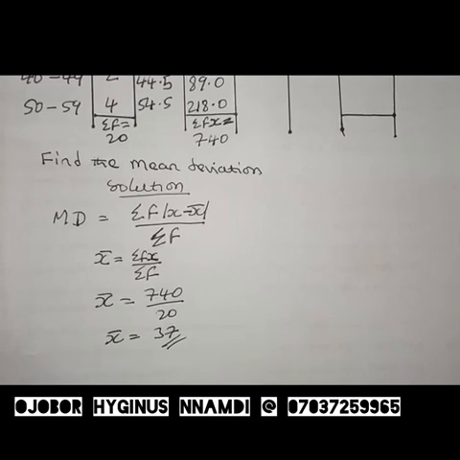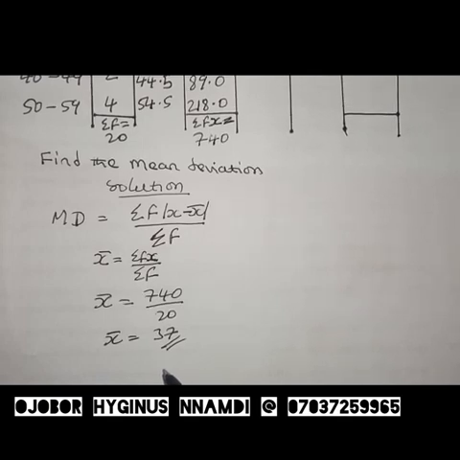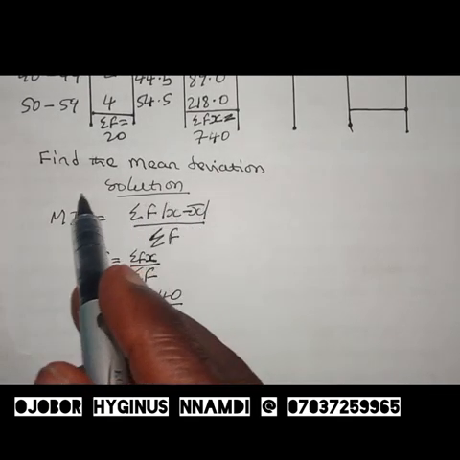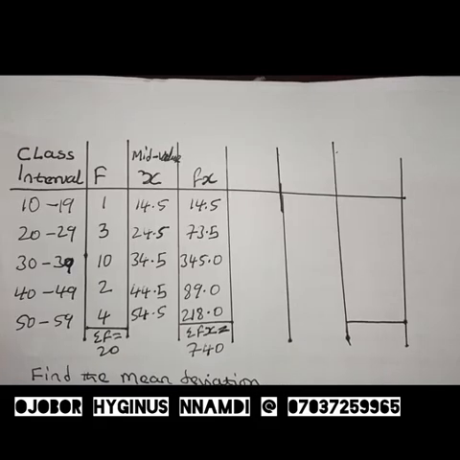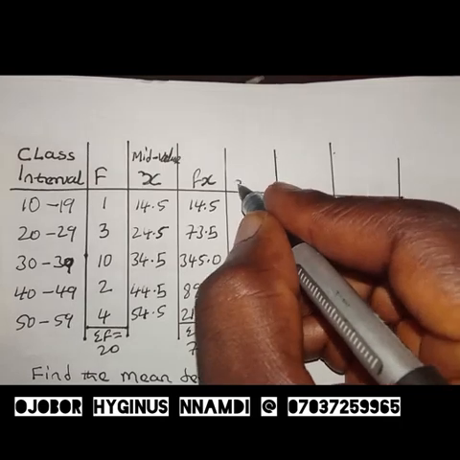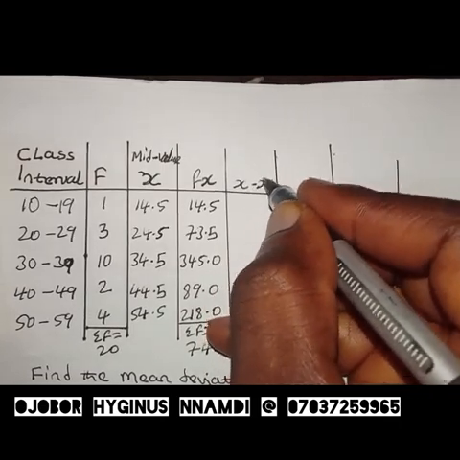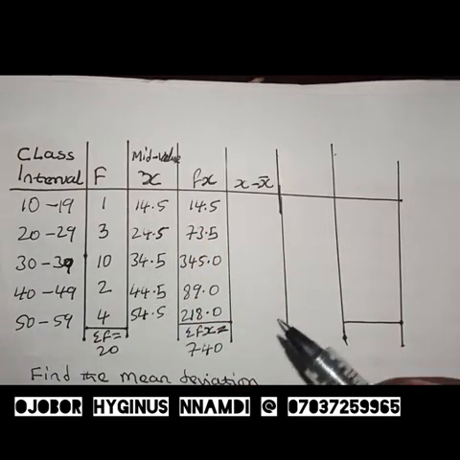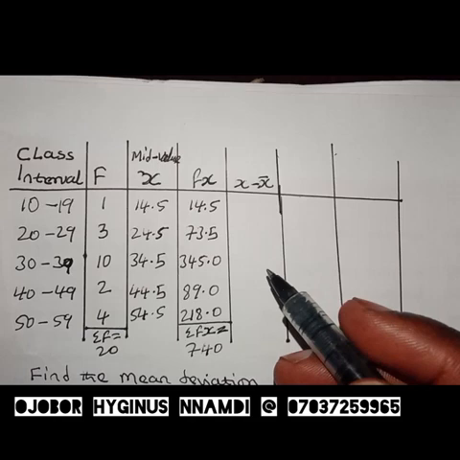If the mean is 37, we can now get our mean deviation by subtracting the mean from each x and getting its absolute deviation. Then we can use it on this formula. Going back to our table, the next thing we need is x minus x bar. That is deviation of this individual x from the mean. Remember, we got 37 as our mean.